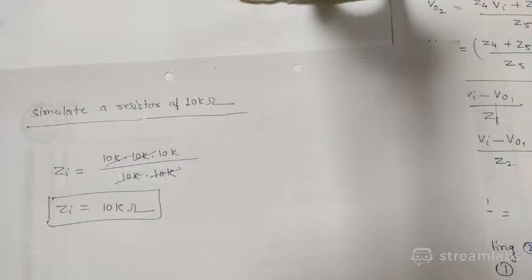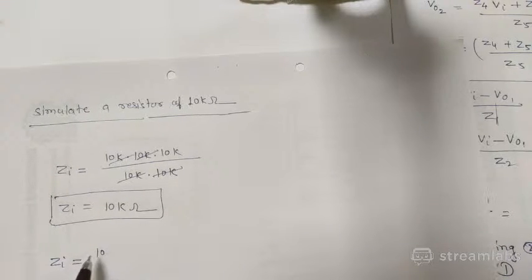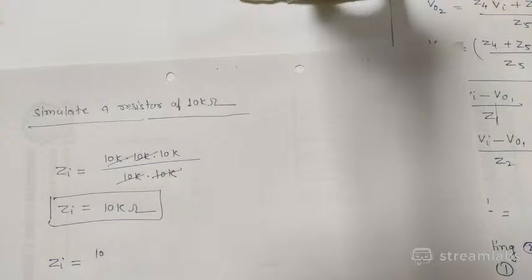And suppose I want to convert this Zi into a capacitance, what do I need to do?